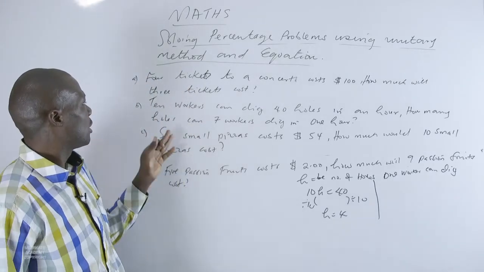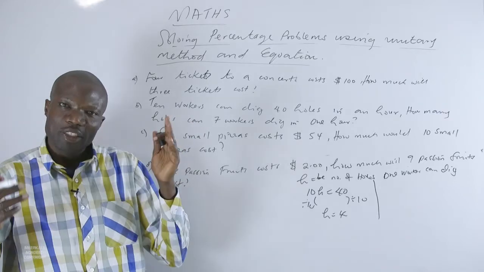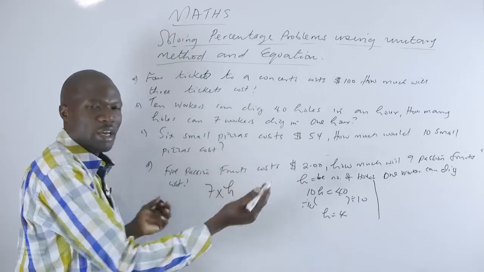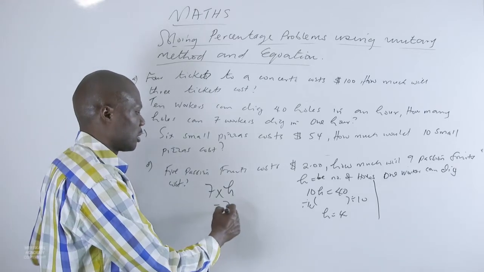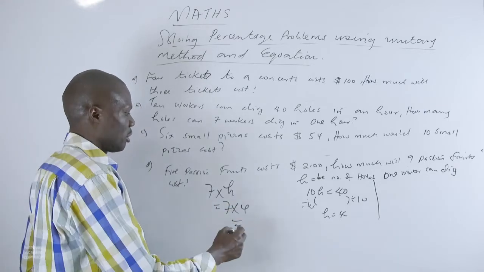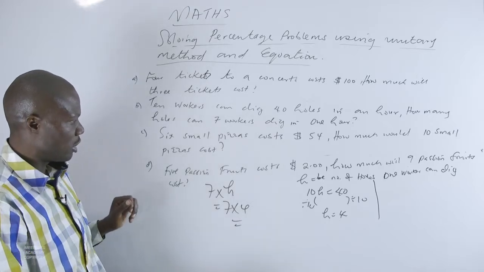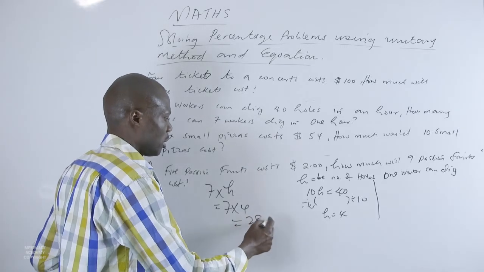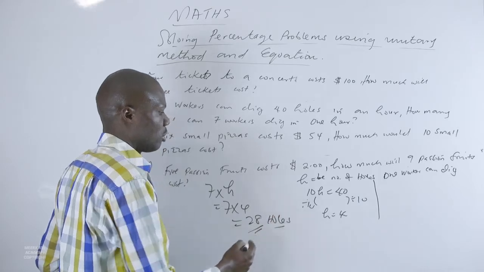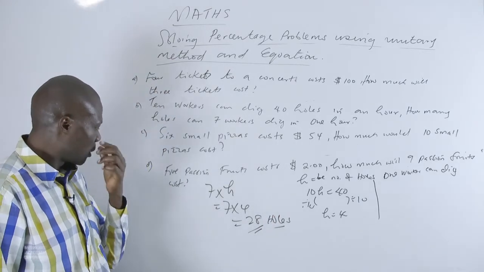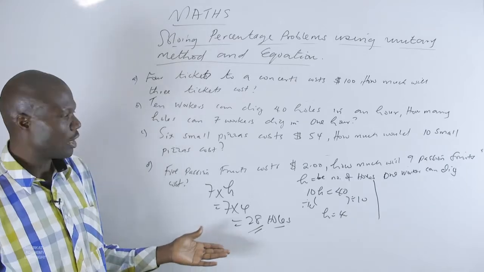We've been asked about 7 workers. 7 workers will be 7 multiplied by H, which is 7 times 4, which gives us 28 holes. So this is the unitary method.